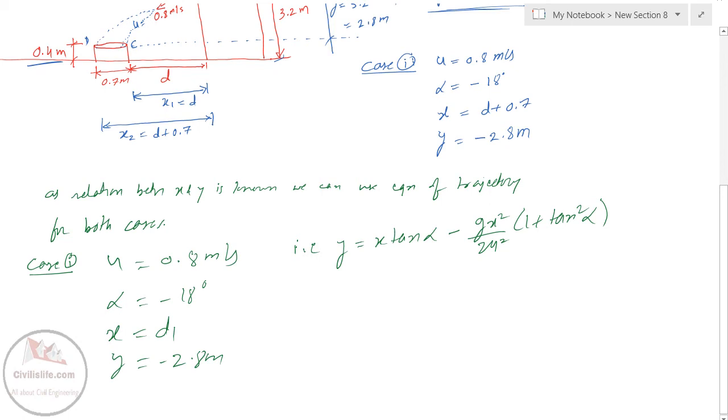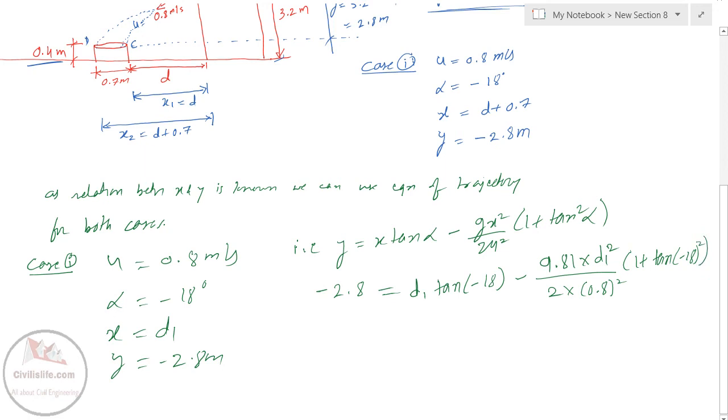Here all the values are known. It is minus 2.8 equals x, which is d1 here, tan minus 18, minus 9.81, and again x is d1 square, upon 2 times 0.8 square, times 1 plus tan square of minus 18.